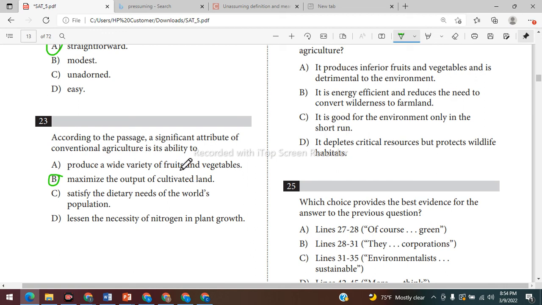I guess we could go with that. That's close. It's either A or B, but B is more nearly correct because it's saying that we could get more out of the land, right? I don't like these questions because they're too close.